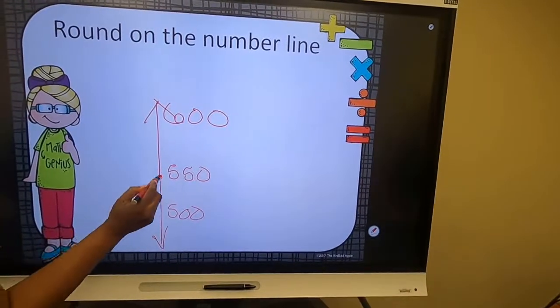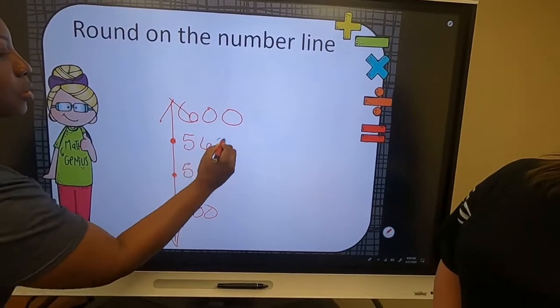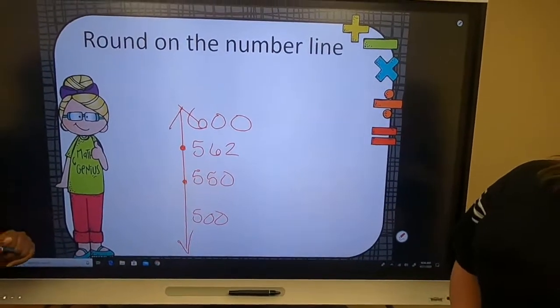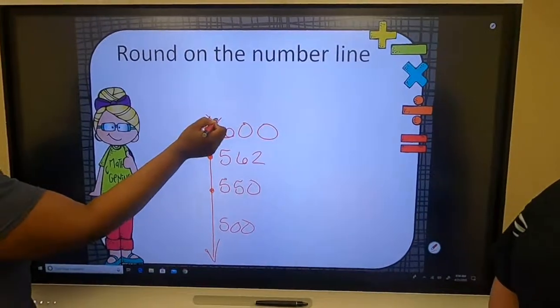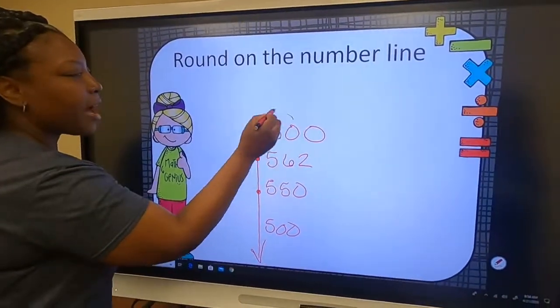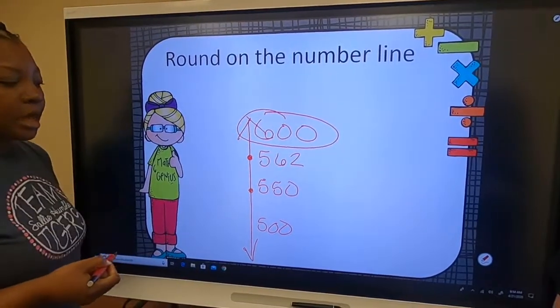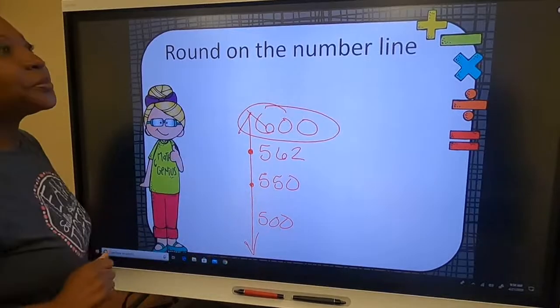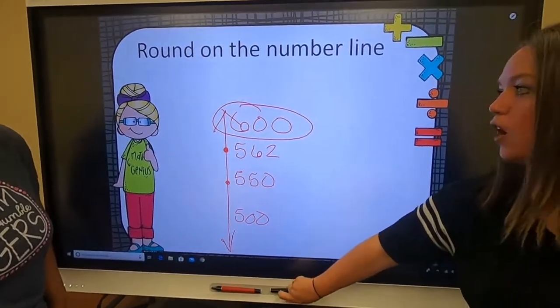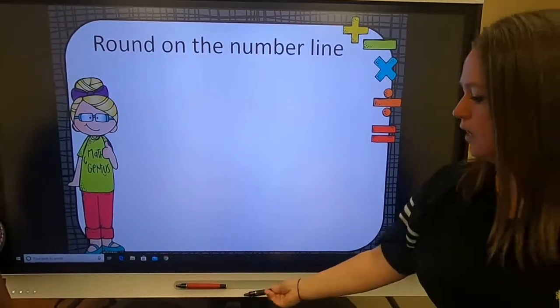So I'm going to put 562 here. So that tells me 562 is closer to 600 than it is to 500. So rounding 562 to the nearest 100 will be 600. I agree. Great job, boys and girls. I hope y'all are following along with your pencil and paper and working along with us. Okay?